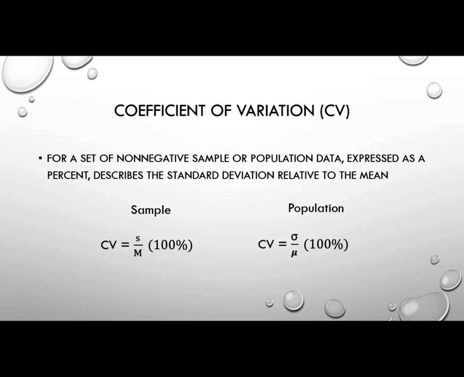So, for a set of non-negative sample or population data, it's expressed as a percent. It describes the standard deviation relative to the mean. All it is, you put the standard deviation over the mean and multiply by 100%. For the sample and for the population, you put the sigma over the mu and multiply by 100%.